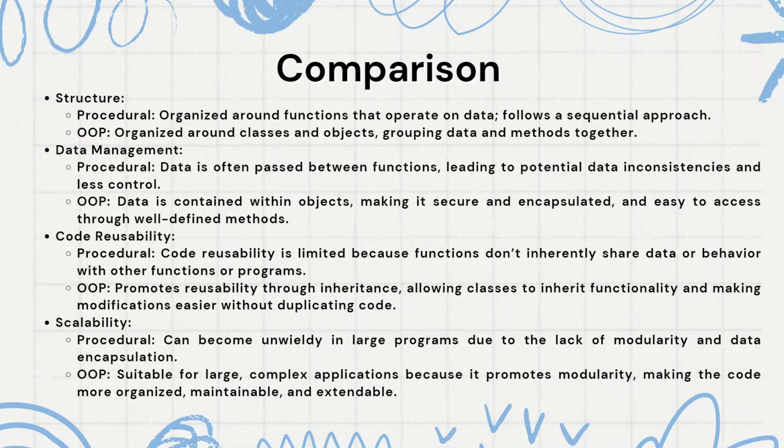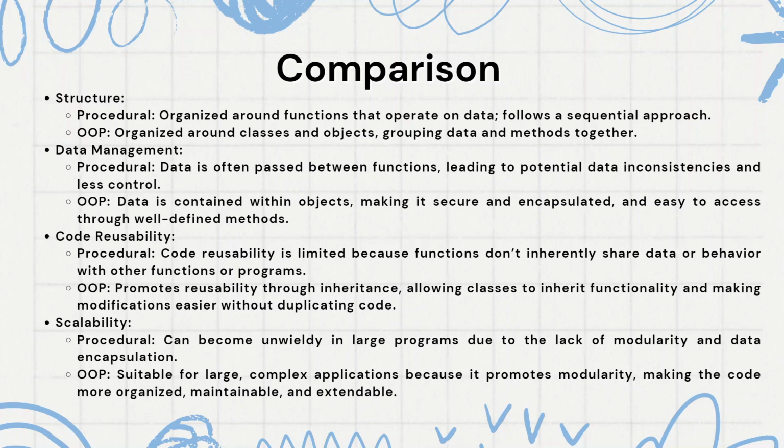So procedural is not suitable for a large program because of the lack of modularity and data encapsulation; your data cannot be encapsulated or hidden. While OOP is suitable for large, complex applications because it promotes modularity, making the code more organized, maintainable, and extendable. So it is better to use OOP, or object-oriented programming, because of its characteristics and the comparison between the two.